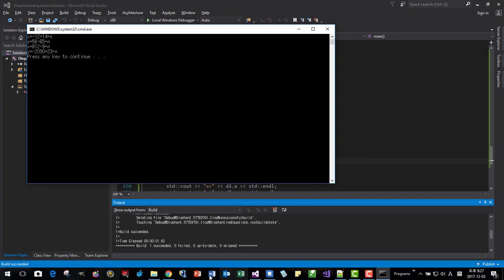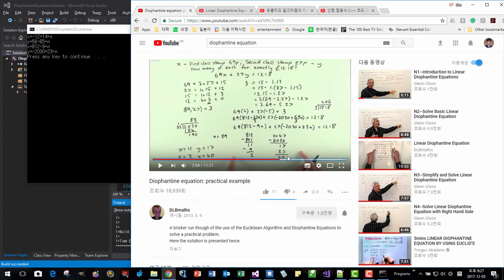Let's compare with this result. See, this is the x term: minus 9, minus 20, 30, plus 28n. So this solution is correct. My solution is correct.